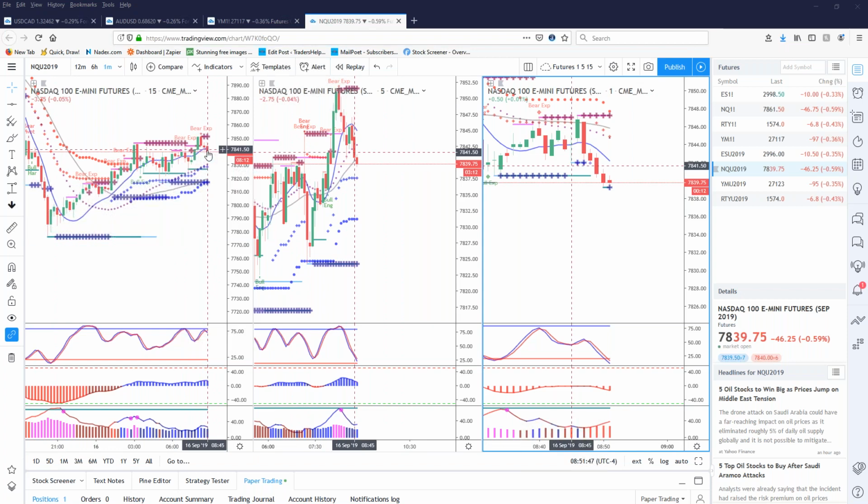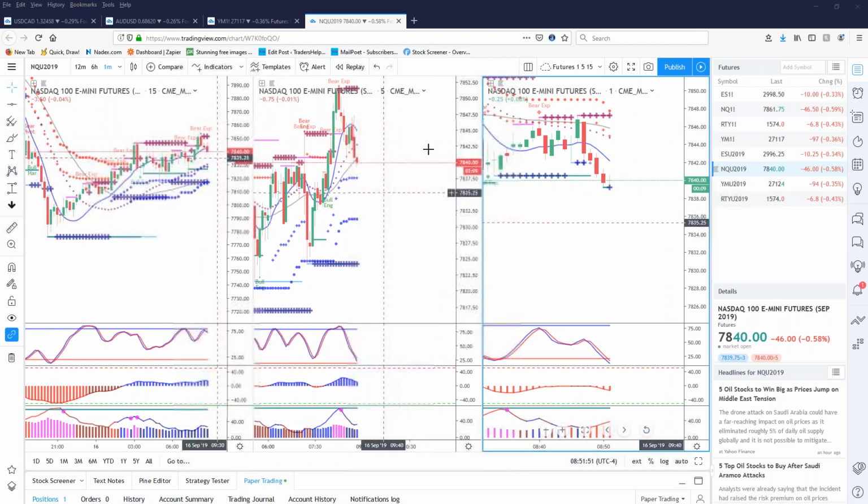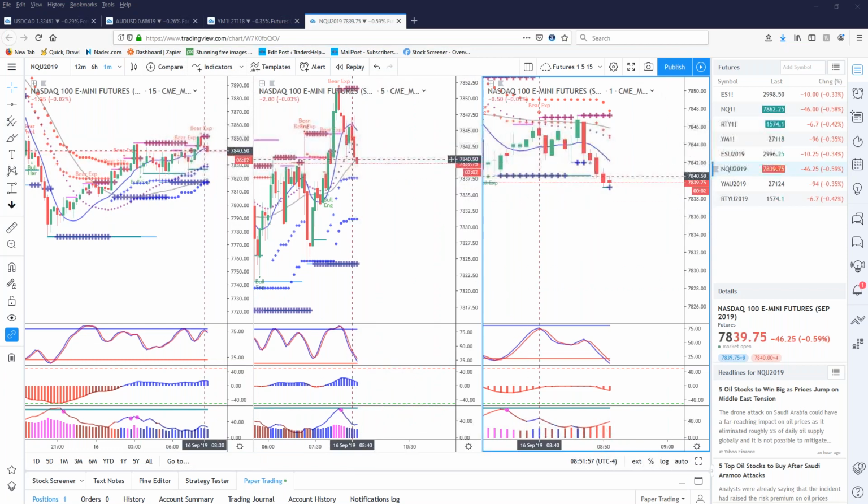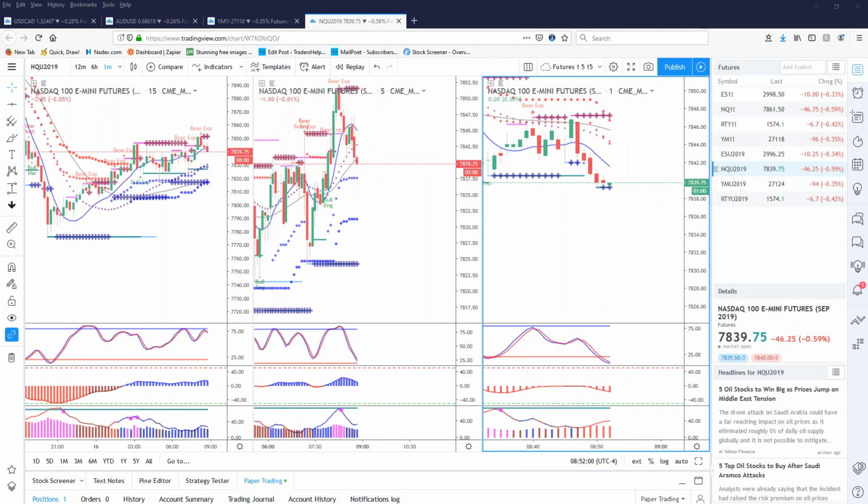Because it's using the closing price, which is the current price, 78.40. Well, if this suddenly went to 78.42, that would change your formation.